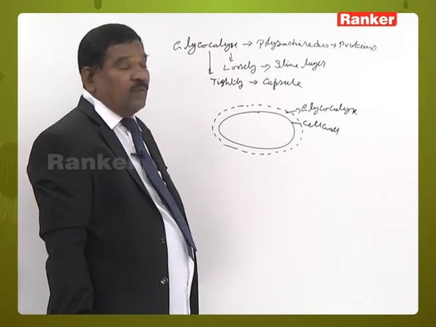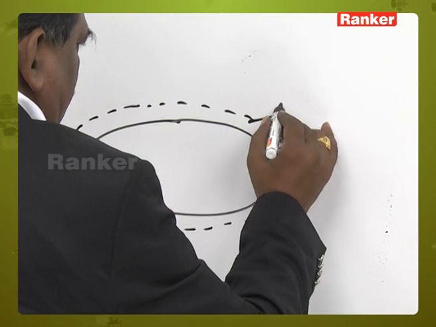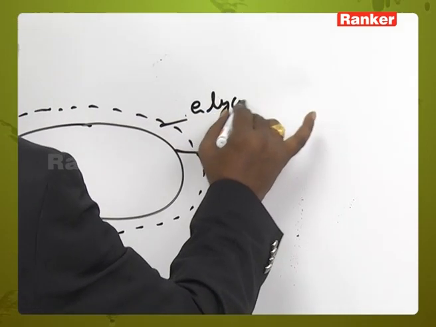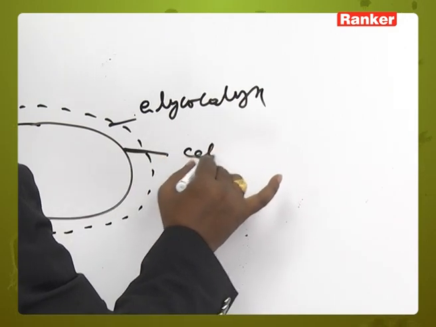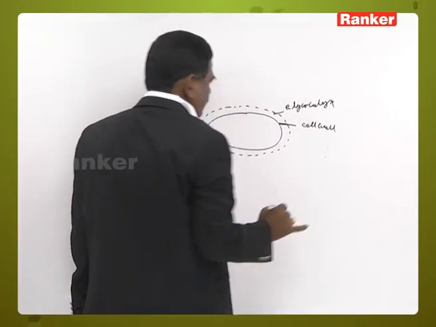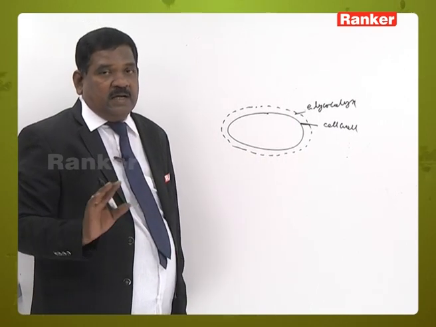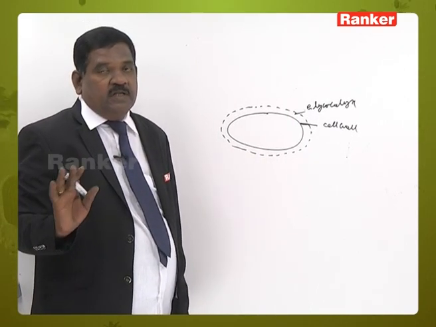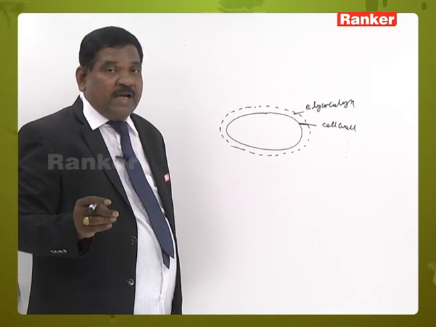And next one, cell wall. Cell wall of bacterium. The bacterial cell wall is not composed of cellulose. Cellulose is completely absent because bacterium is a prokaryotic cell.